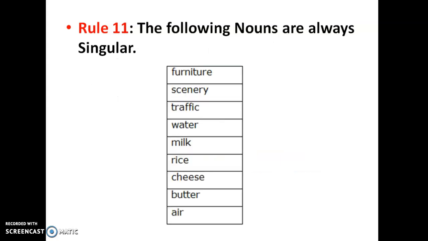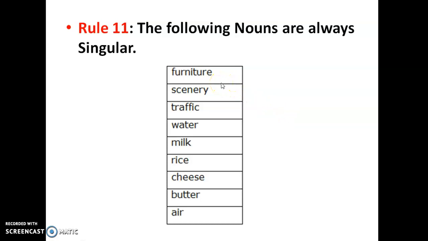Okay, so the 11th rule is the following nouns are always singular. These words are like uncountable nouns. Those uncountable nouns will not have a plural form. Everything will be in the singular only. Furniture. You should not say furnitures, only furniture.